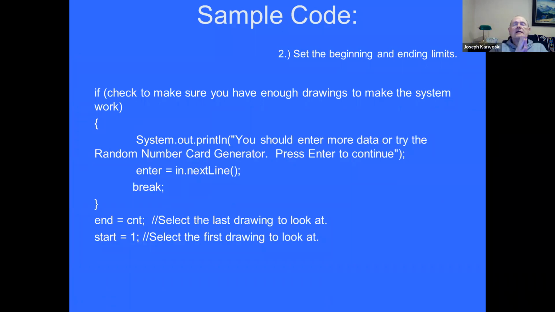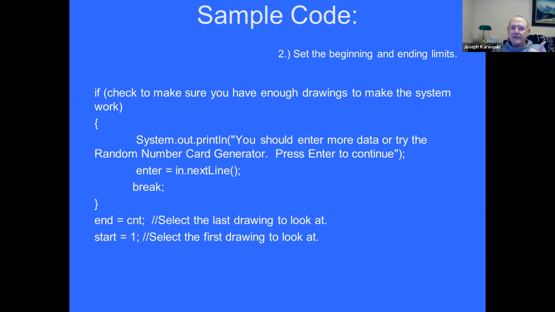Let's say we wanted to do the last 10, and we had 50 numbers in there, so CNT is 50. If we subtract 10 from 50, which is what people will think to do, that's going to give you 40. You will look at 40, 41, 42, 43, 44, 45, 46, 47, 48, 49, 50.